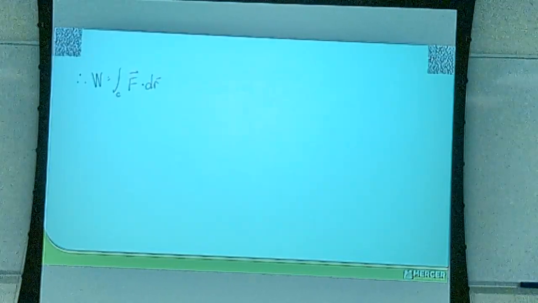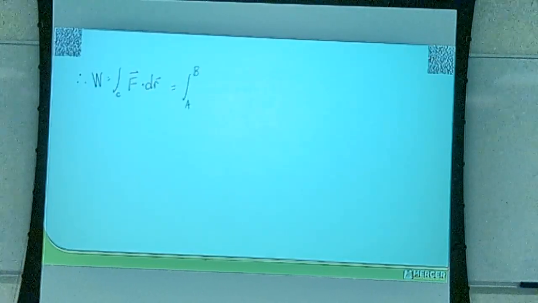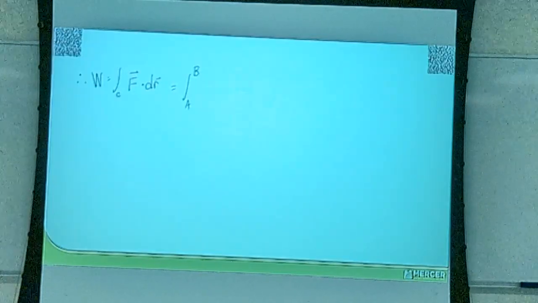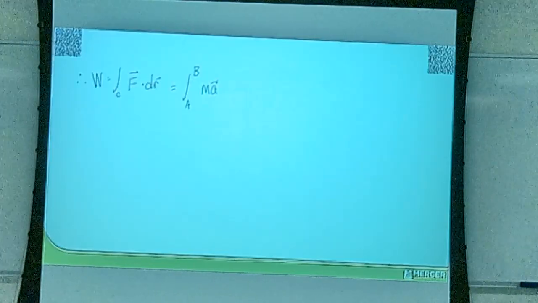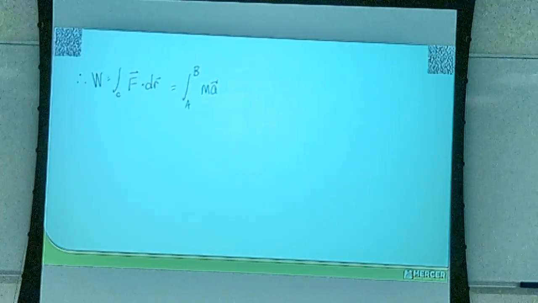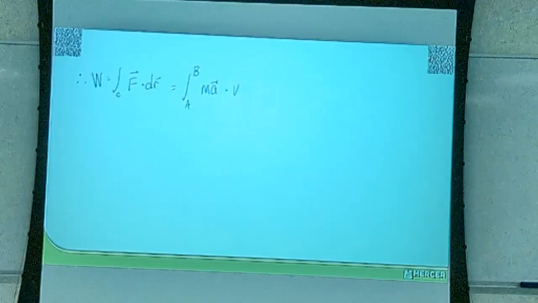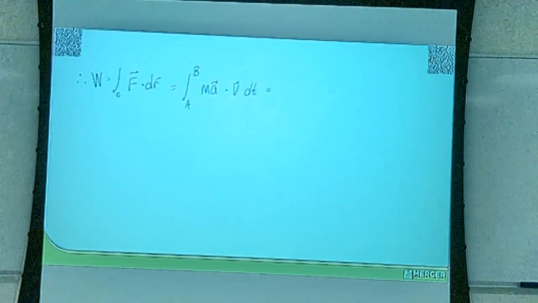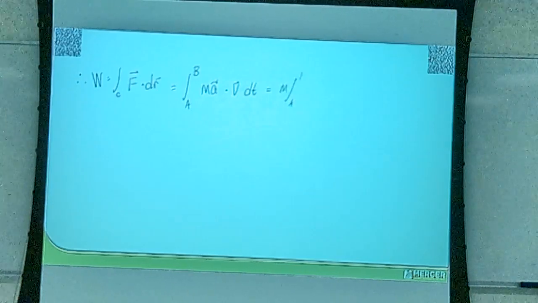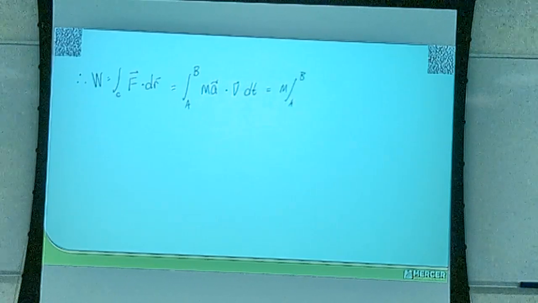Therefore, work is that path integral. Well, that's the integral from point A to point B of F, which is mass times acceleration, dotted with r prime, which is v dt. We can pull mass out.